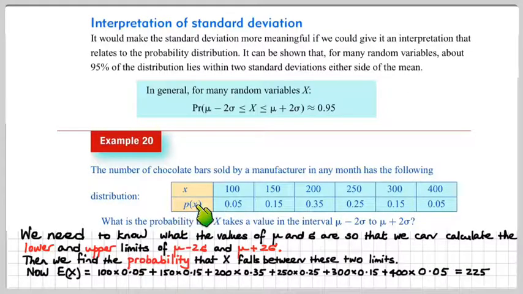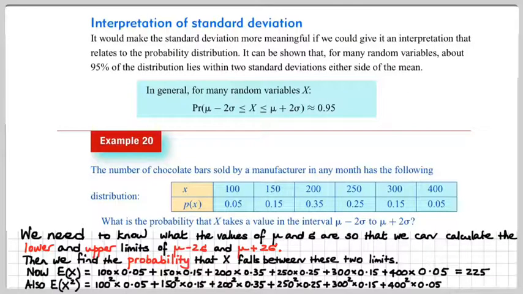How would you do that? Well, it would be 100 squared times 0.05 plus 150 squared times 0.15 plus and so on, plus 400 squared times 0.05, wouldn't it? Now, what on earth does that come to? Fortunately, I had worked it out. So apparently it comes to 55,000. Yes, I know. Don't worry.